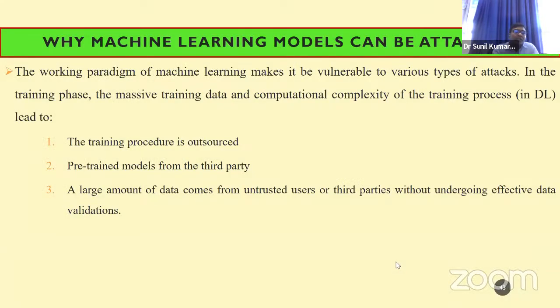So we have to understand why machine learning models can be attacked. We have to look at it like, when we are going to collect the training data, you know that many times we collect the training data from somewhere.